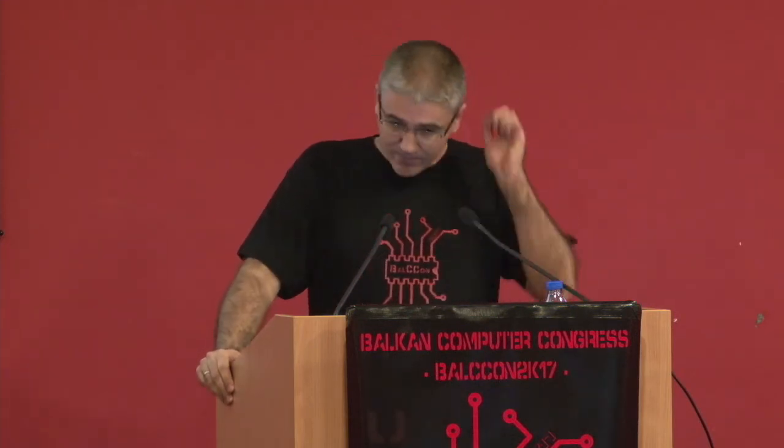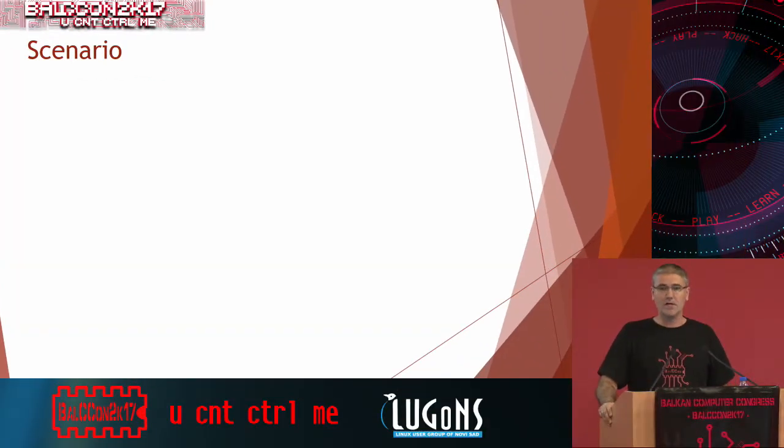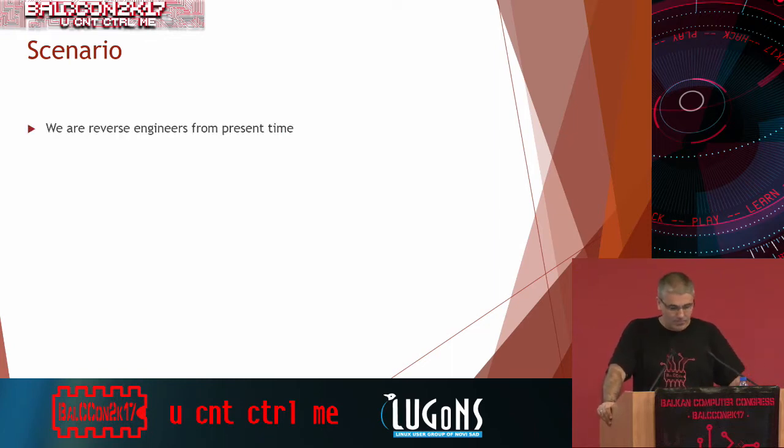This talk has a B-rated movie scenario, something like Sharknado, but not that good. We are reverse engineers from present time, and they sent us back to this U-boat 1206 during World War II.